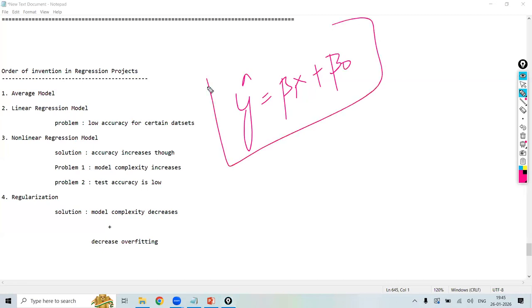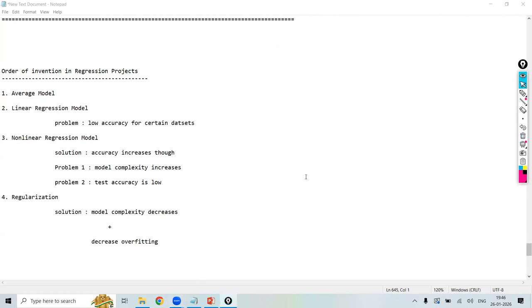This is called the model. The model will remain the same only, right? That is internal calculation only, na? I'm not asking about the internal calculation. It's clear, right? So model complexity means the number of slopes.